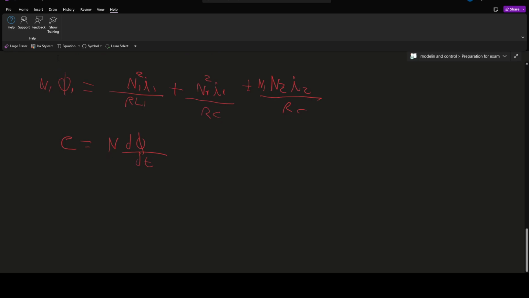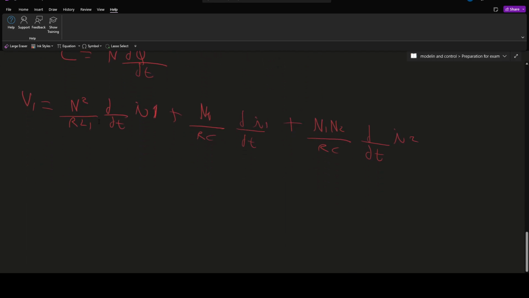So we can say that the voltage in 1 is equal to N1 squared over RL1 times di1/dt. Similarly for the other term, N1 is constant, RC is constant, di1/dt. And the last term, N1 is constant, N2 is constant, RC is constant, and we have di2/dt. So it's our flux linkage, but we are differentiating the currents. That will give us our voltage equation.